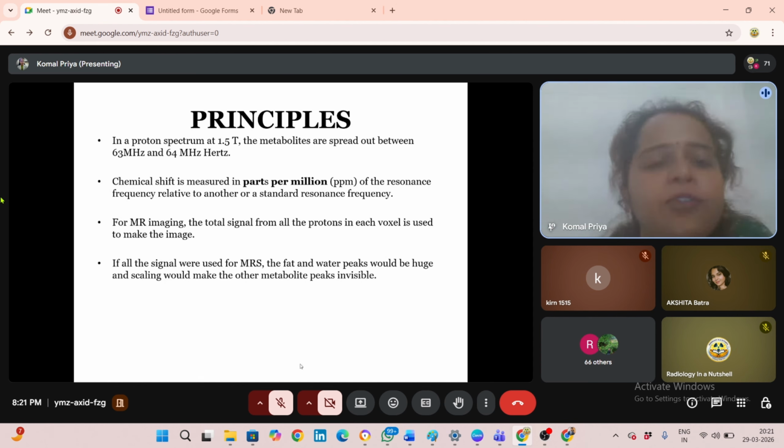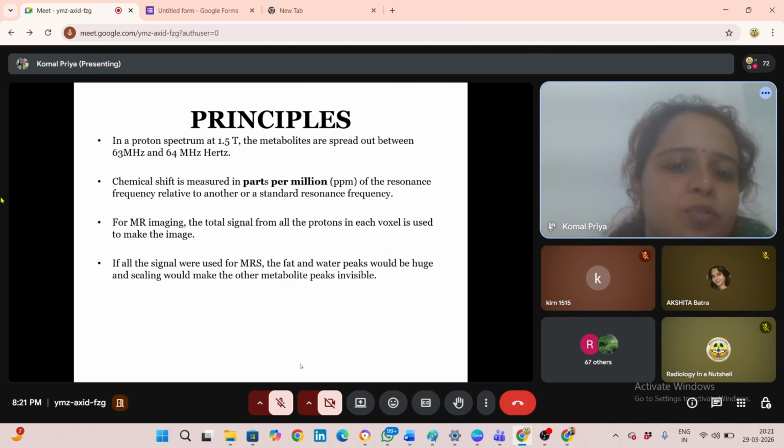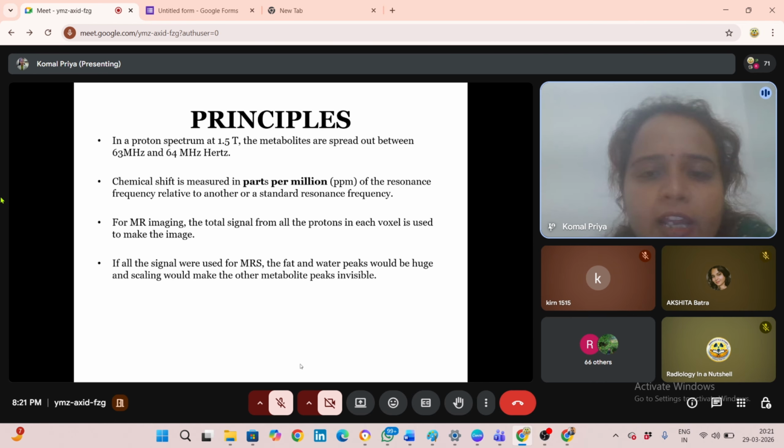According to that, chemical shift will be generated, and total signal from all the protons in each voxel will be measured. If all the signal were used for MR spectroscopy, fat and water peaks would be huge, and that would hide the peaks of the metabolites, right?